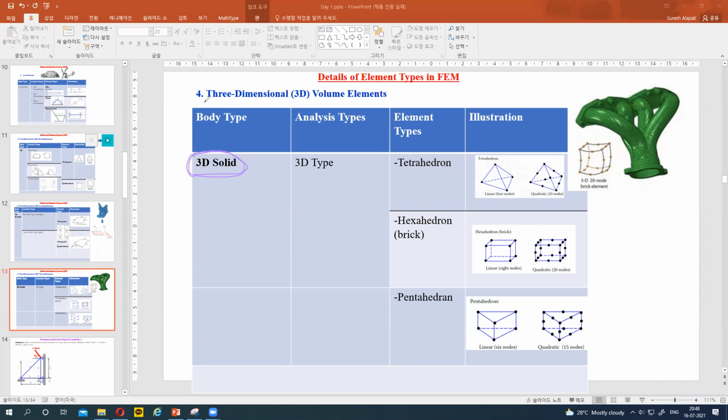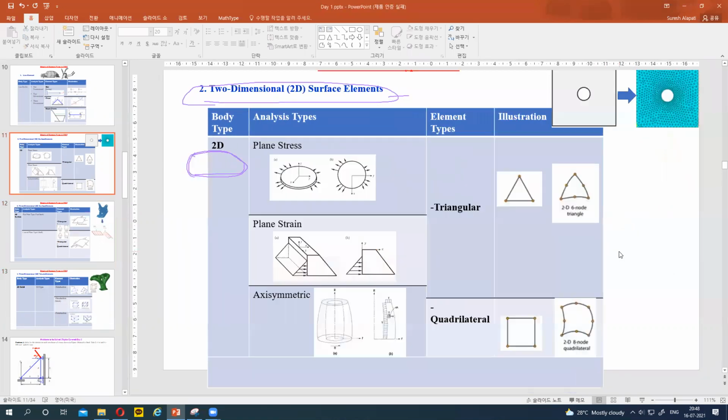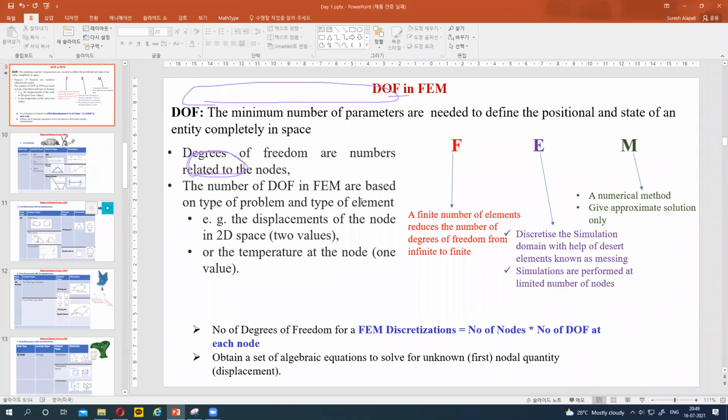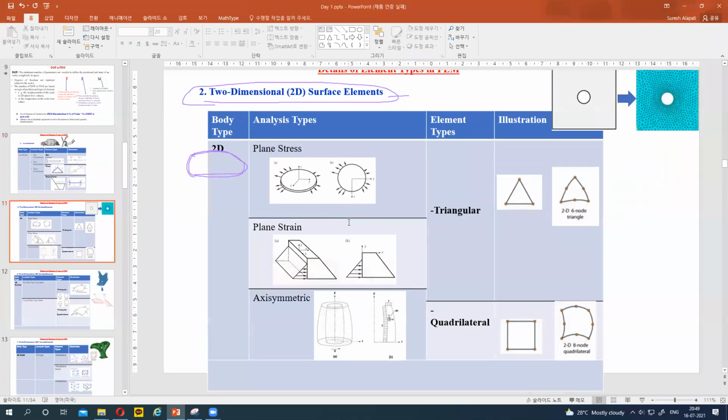So you want to work in real three-dimensional. This will take more time compared to the previous analyses. Only particular cases we can assume this. These simplifications are only applicable for particular cases, like very thin bodies, plane stress and plane strain, and very slender bodies where we can apply line elements.